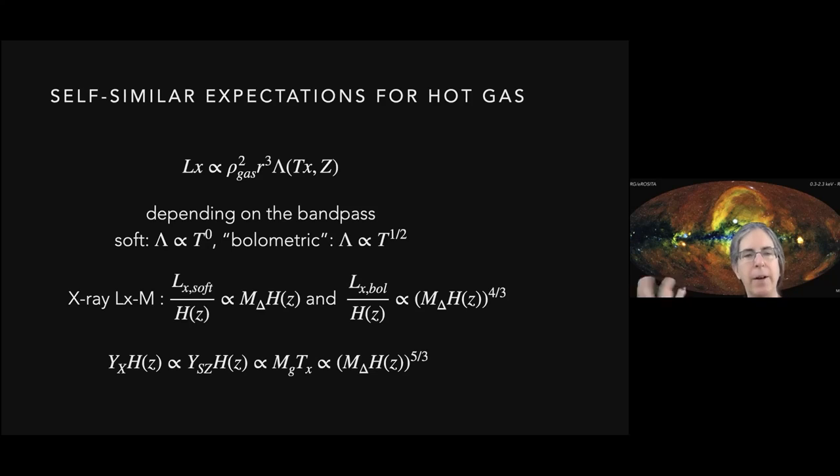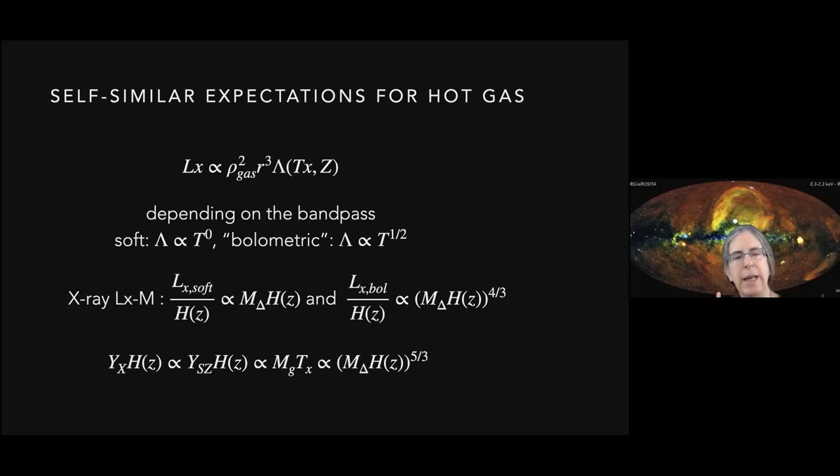And then lambda, which here is a term we use for the cooling function, is a function of temperature and the metallicity of the gas, which I'm throwing in here as a capital Z. I'm not going to talk about metallicity anymore. Depending on the X-ray bandpass you're looking at the gas in, this lambda may have a strong dependence on temperature or a fairly weak one.